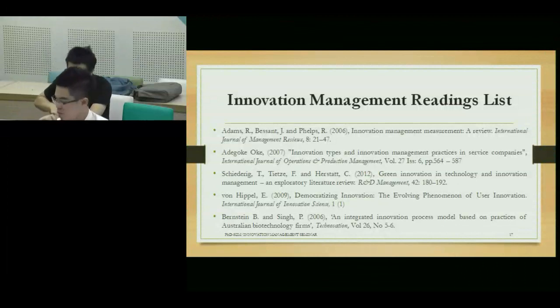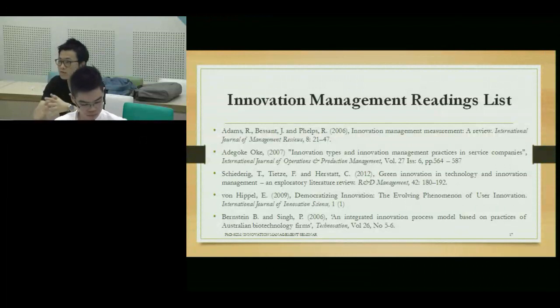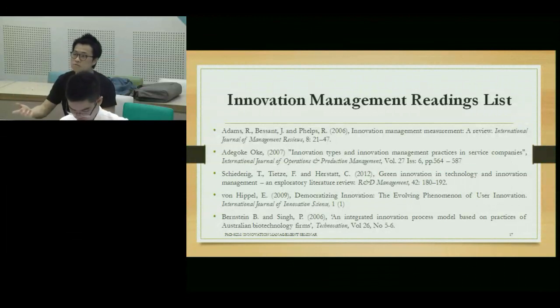They found that the radical degree is the most effective way for innovation performance. And apart from that, in the type of innovation they separate into product innovation and service innovation.